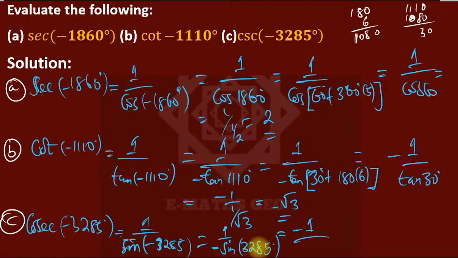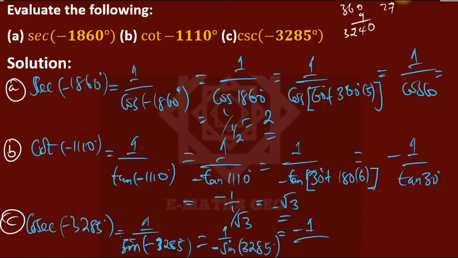Now let's check how many 360 will be there. If I multiply by 10, I have 3600, which has exceeded this. Let's check 9. 360 times 9 is 3240.